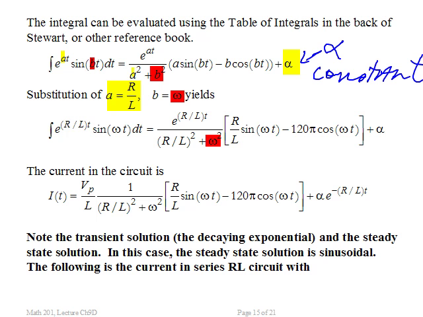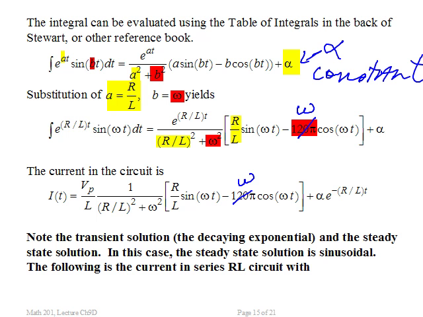Here's your a, R over L, here's R over L squared in the denominator. Fine. And now a times the sine of omega t minus b times the cosine of omega t. Whoa, I went ahead and put 120 pi like it was 60 cycle. That should have just been omega. Let me fix that. That's just omega. I put in a specific frequency and you don't need to. Okay. Plus that constant of integration.